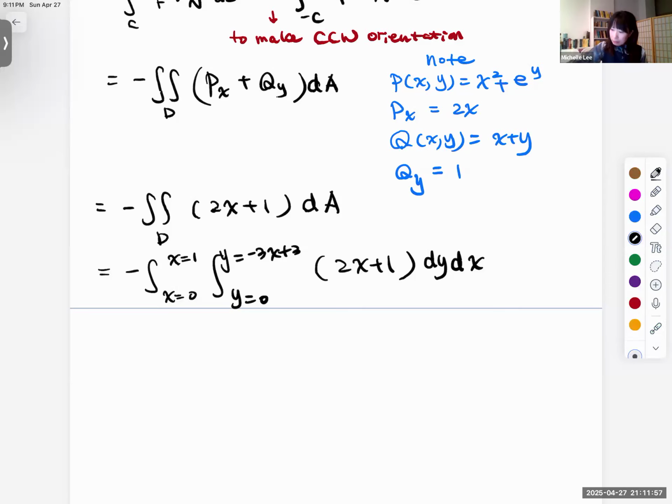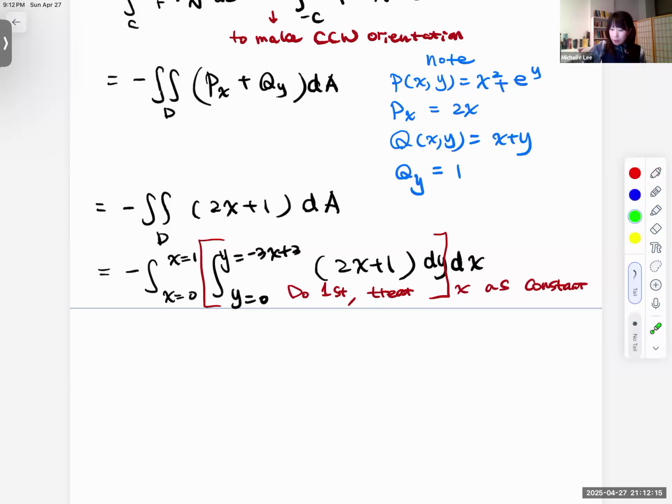Let me write it down because I don't see the y. We integrate first with respect to y, which means treat x as constant.